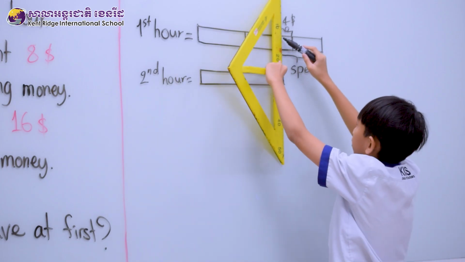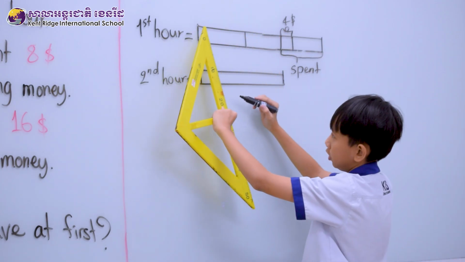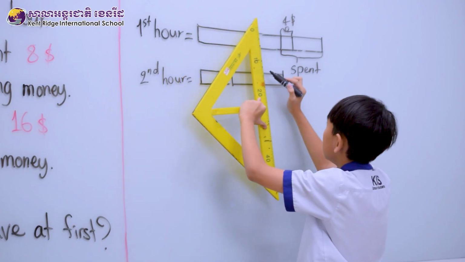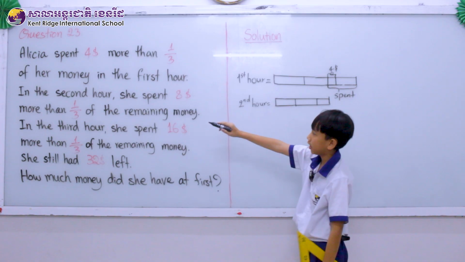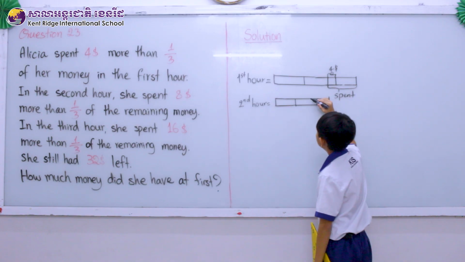That's why I have to make it the same, because this is the money she spent in the first hour. Now we have to make the second model 3 units. In the second hour, she spent $8 more than 1/3 of the remaining money.